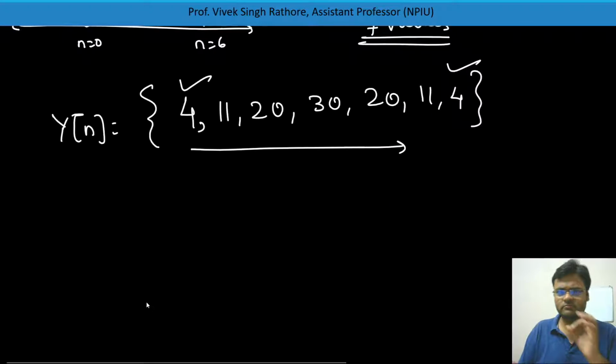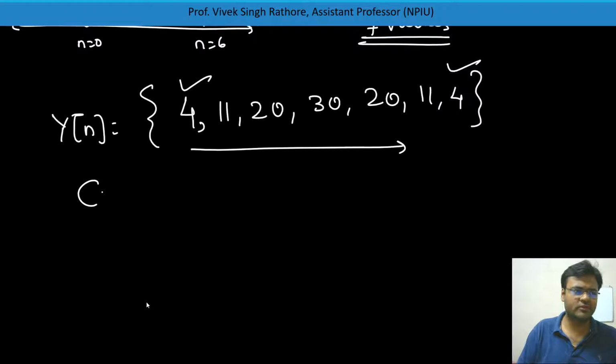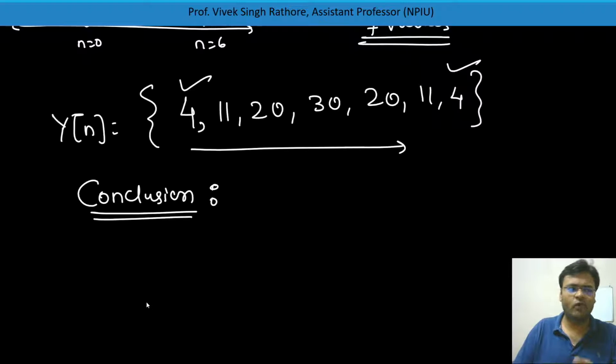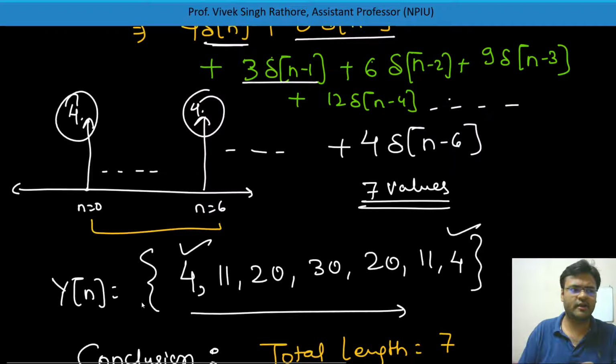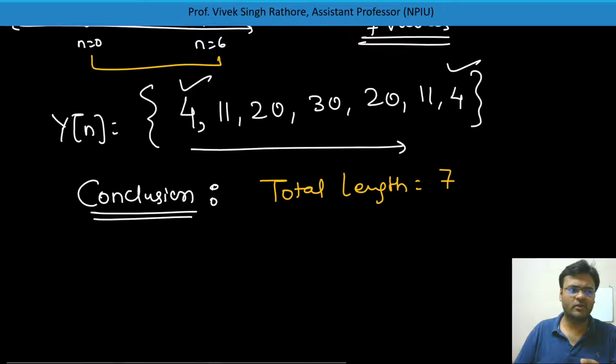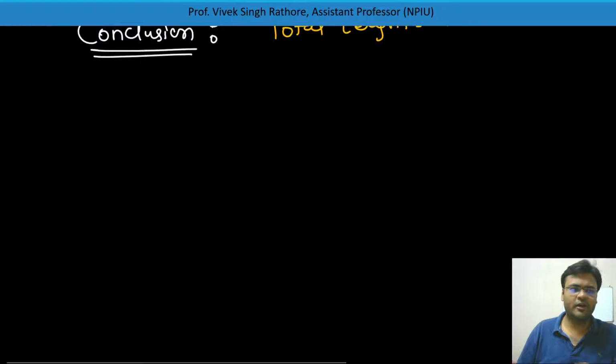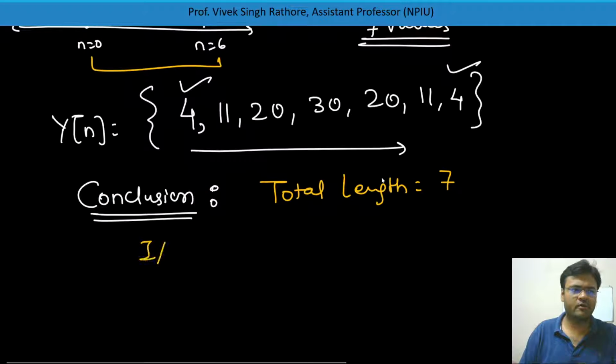What inference or conclusion do we get from this? Because in objective type questions, we will get answers from this conclusion only. See, what is the total length? First we will see the total length. We are getting here 7, and from n is equal to 0 to n is equal to 6 the total values are 7. You can count here also, 1 2 3 4 5 6 7 values are there. And our input length was 4.